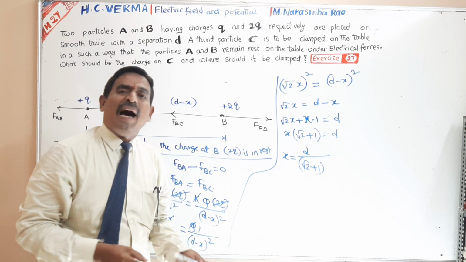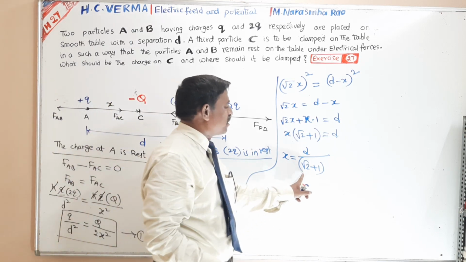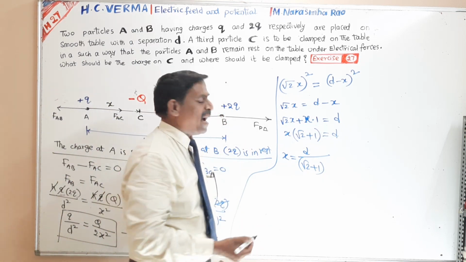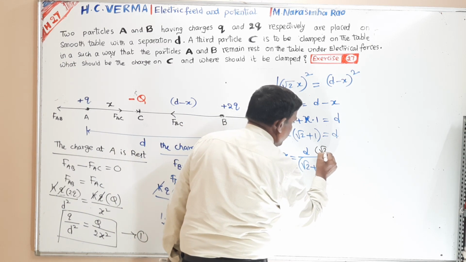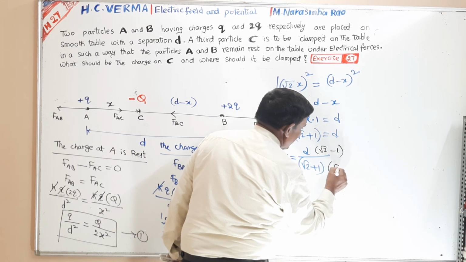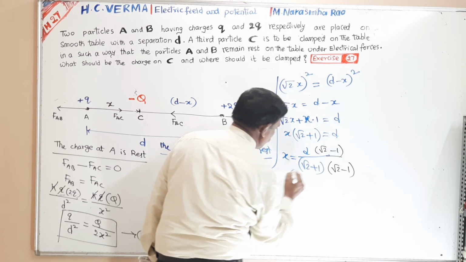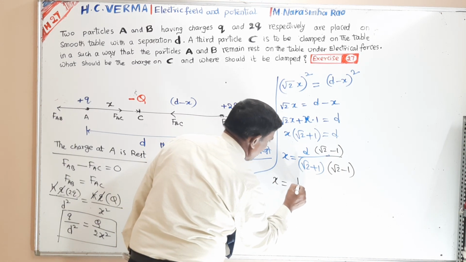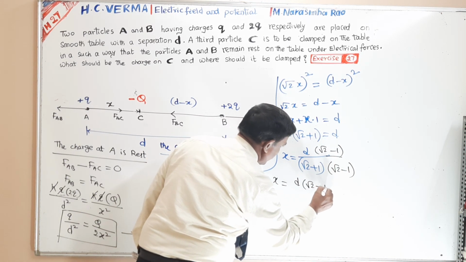Rationalizing, numerator and denominator are multiplied with root 2 minus 1. X is equal to D into root 2 minus 1.